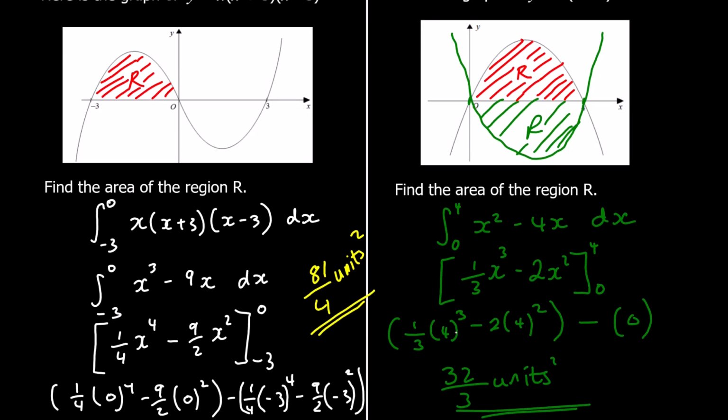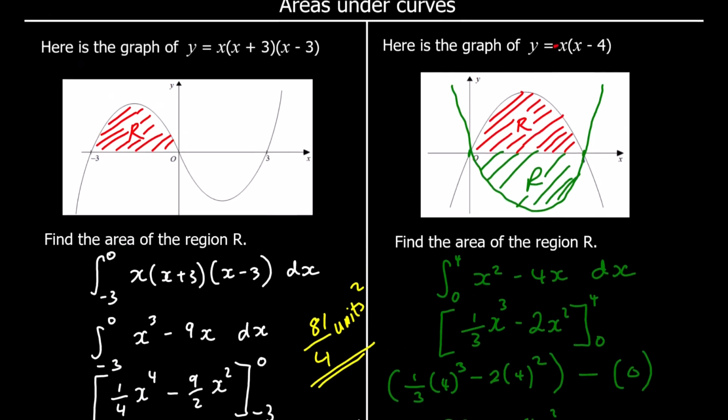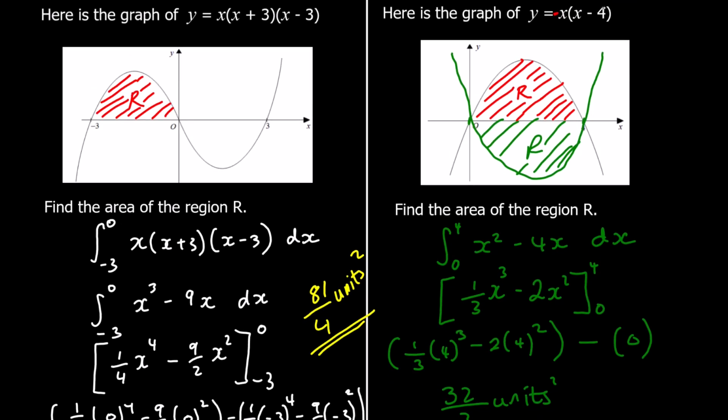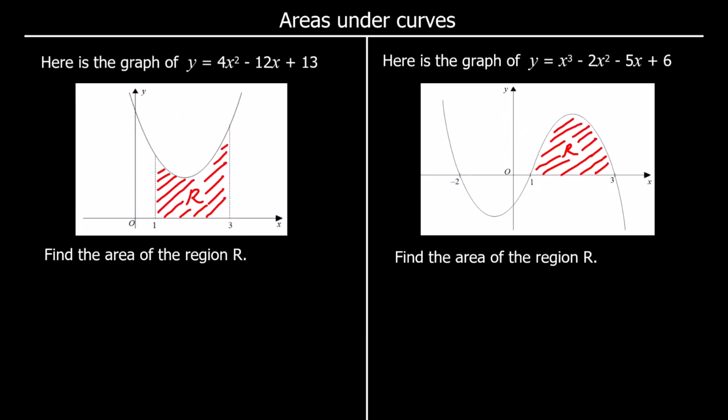So this time we have 32 over 3 units squared as our area. Either way, for y equals x times (x minus 4), or y equals negative x times (x minus 4), the area is the same. The only difference is whether it's above or below the axis.